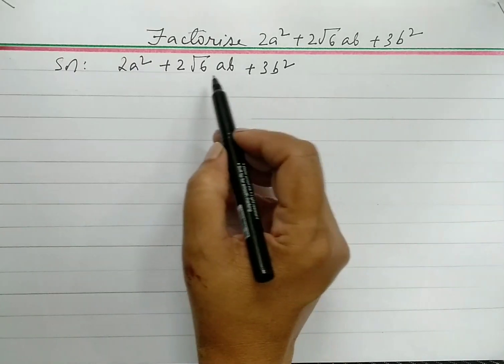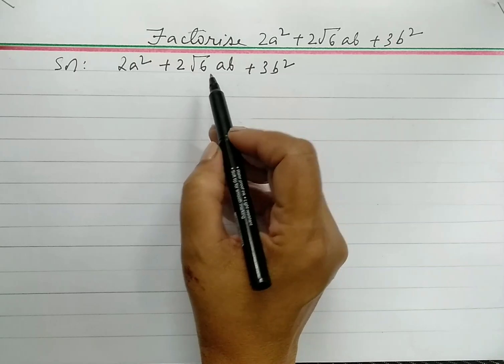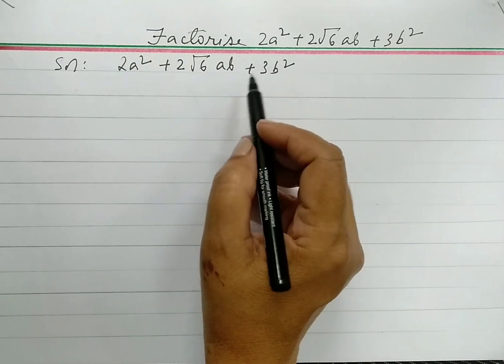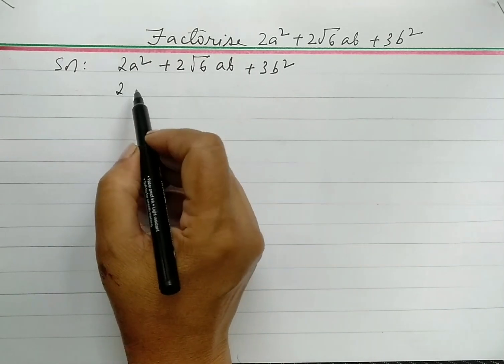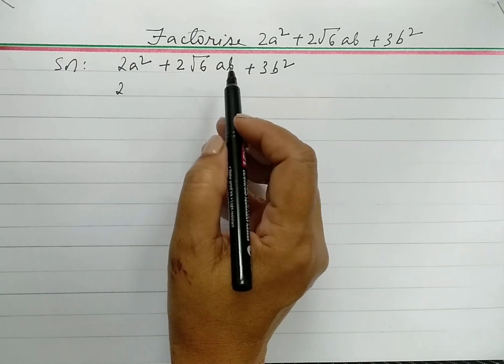Now why √6 here? This may confuse a student at the beginning.